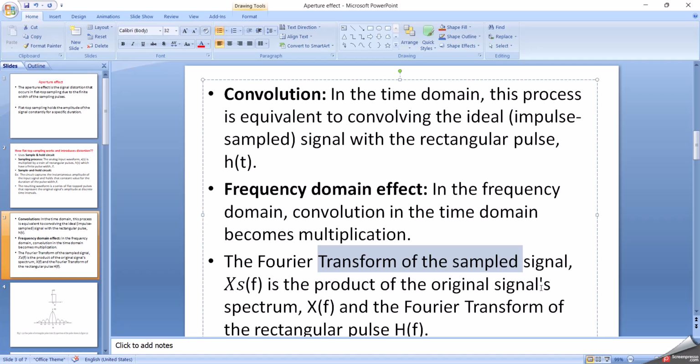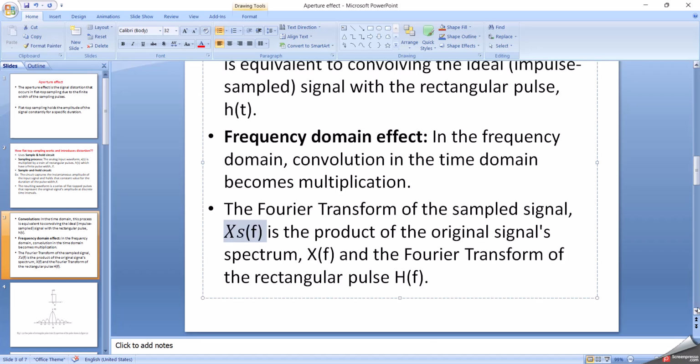Just assume we are applying Fourier transform on both sides, left hand side and right hand side. Then the Fourier transform of the sampled signal, Xs of f, is the product of the original signal spectrum X of f and the Fourier transform of the rectangular pulse H of f.